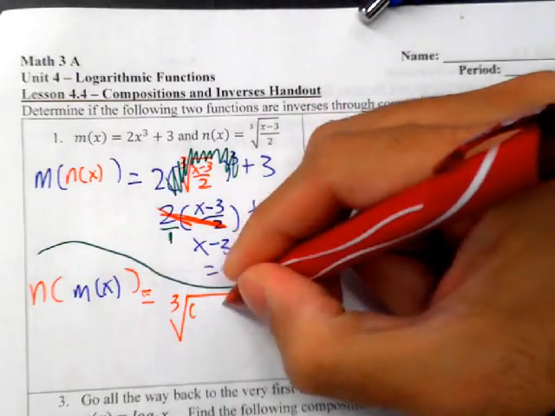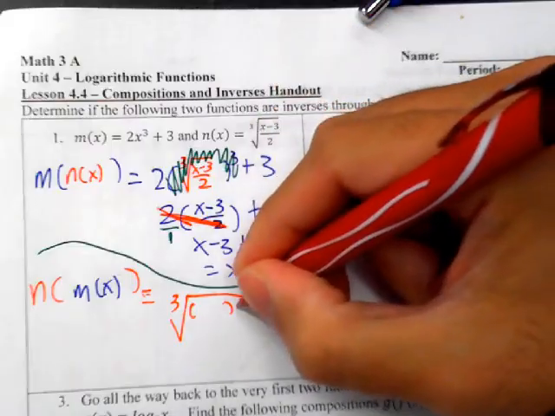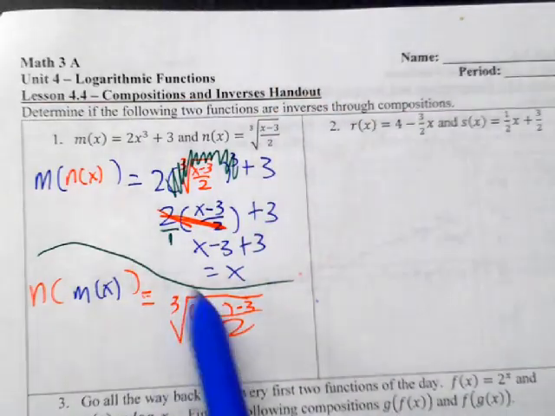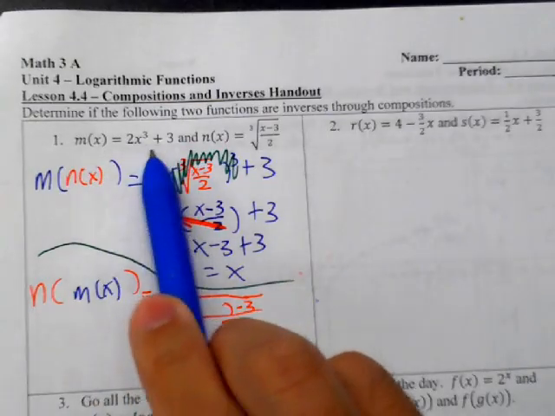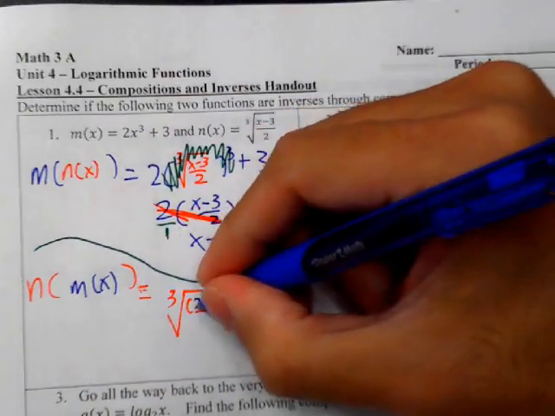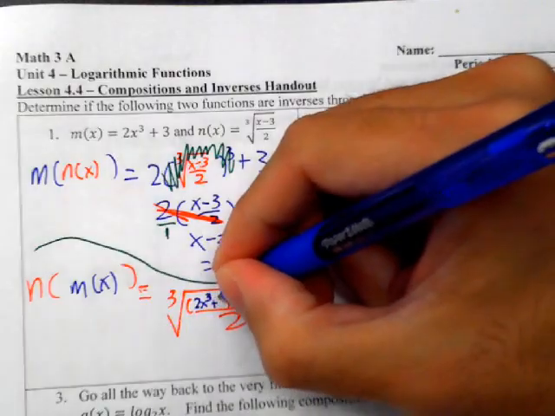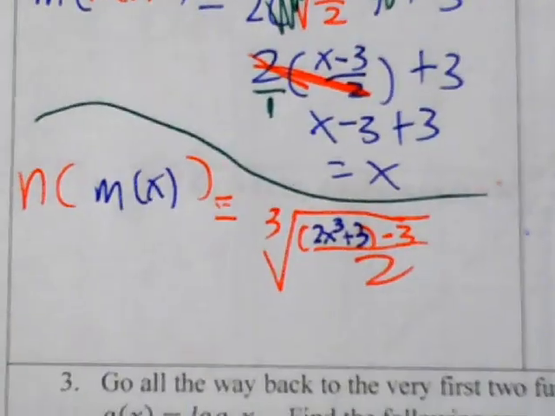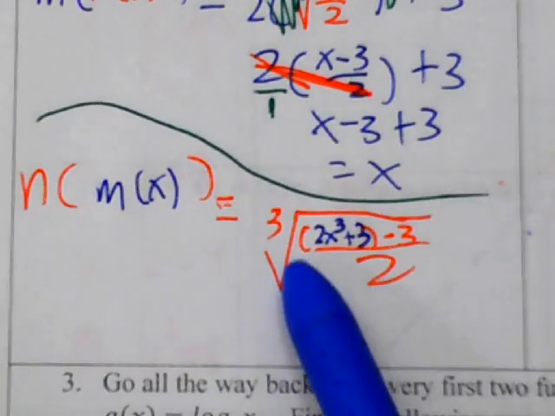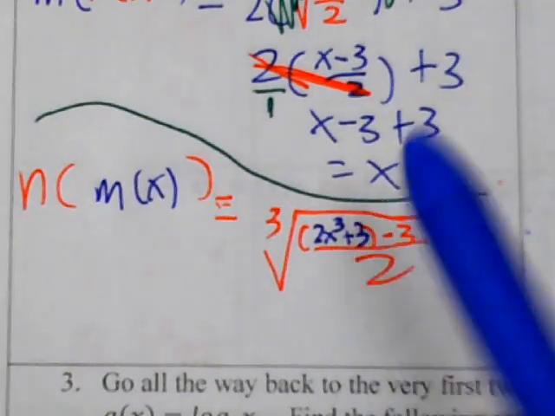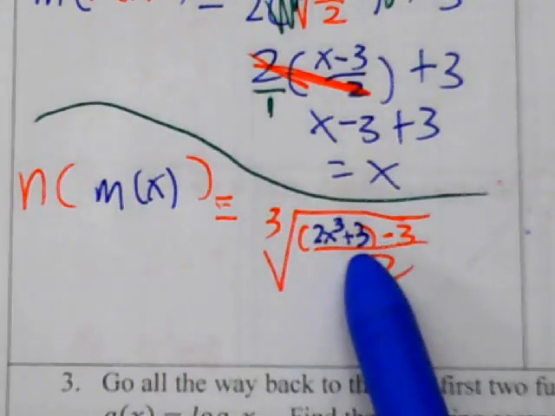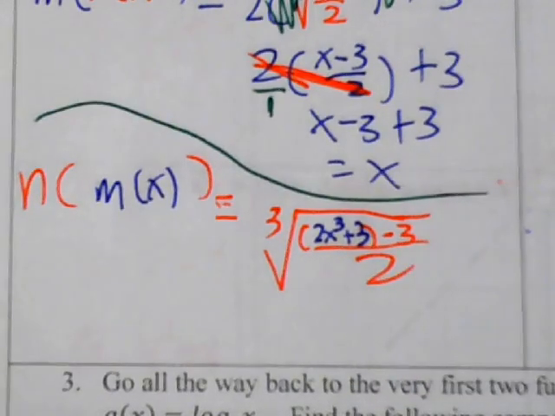There's no coefficient, there's no exponent on the parentheses, so the parentheses just go away. So that means the plus 3 minus 3 cancels out, leaving 2x cubed over 2 on the inside. Now the 2's can cancel out, leaving you with the cube root of x cubed, and the cube root of x cubed is just x.